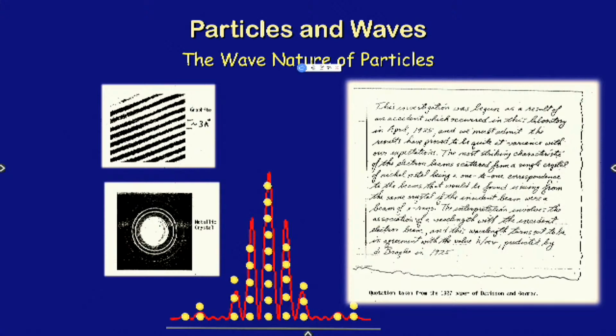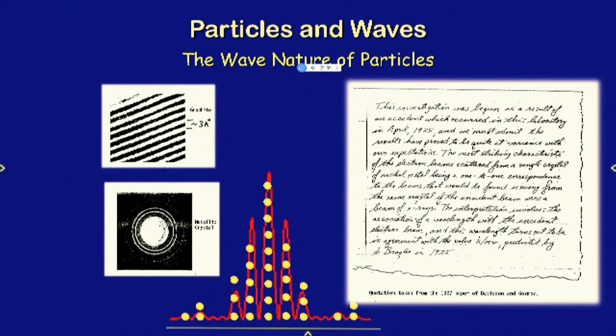The reason I'm doing this is this is a note taken around 1927, when it was published, where Davisson and Germer, two scientists, actually made a mistake in the laboratory. They shined an electron beam at a crystal surface. They had it all set up to do with light.